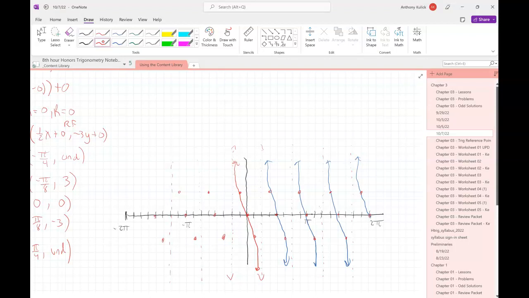Negative 3, 0, and then there. Negative 3, 0. And we'll just draw in the rest of that. There's my graph for tangent.